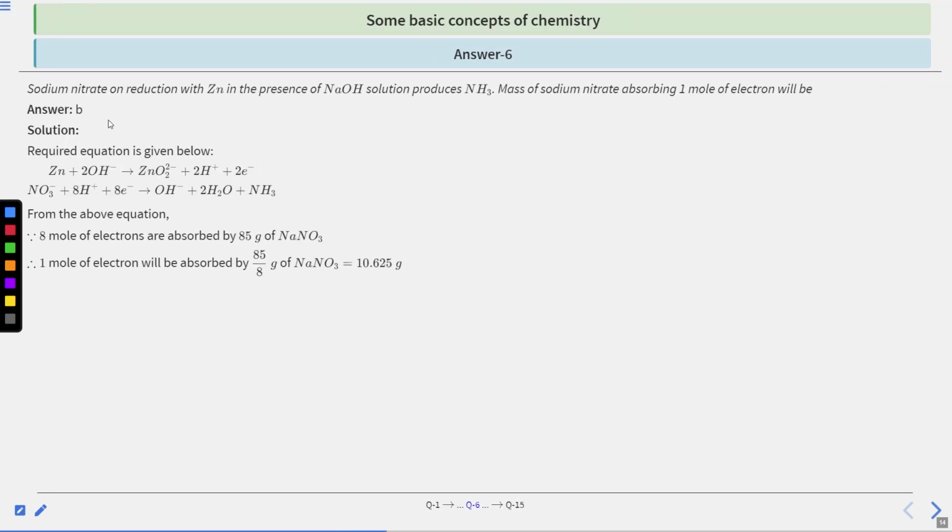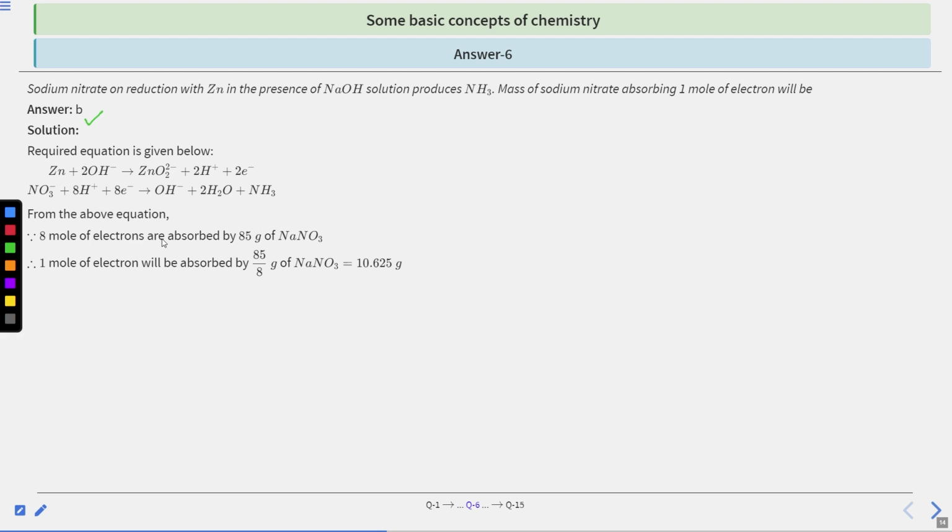So the correct answer will be option B. How? The required equations in this question will be zinc reacting with OH negative giving zinc oxide plus 2 hydrogen ion and 2 electron. Similarly, nitrate plus 8H positive plus 8 electron will give you OH negative, 2 molecules of water and ammonia.